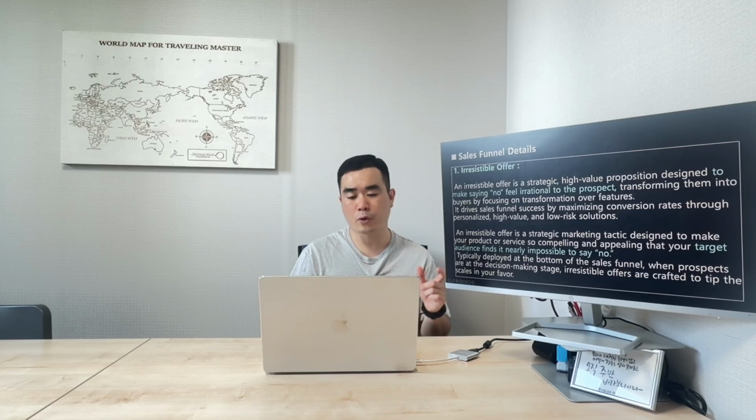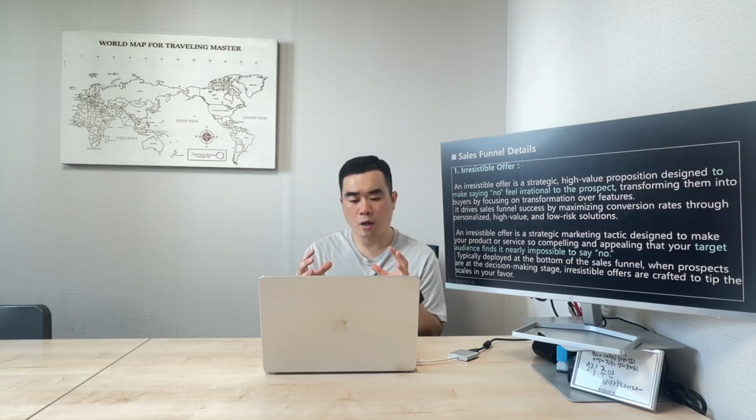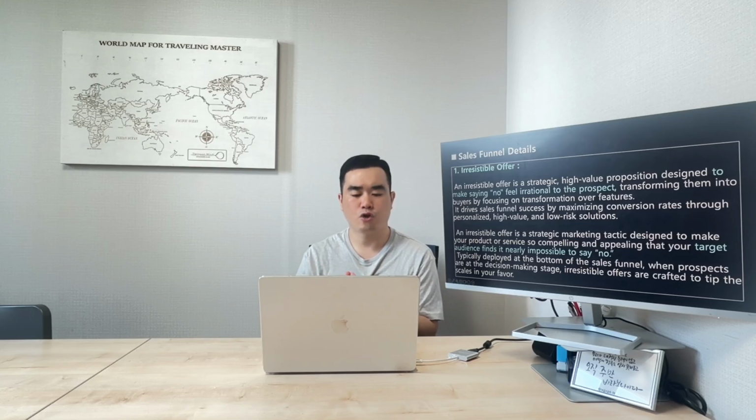The important part is that the target audience finds it nearly impossible to say no. So the irresistible offer has a very strong power to persuade the target audience and target consumers.